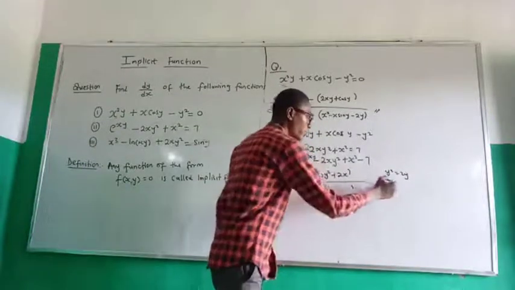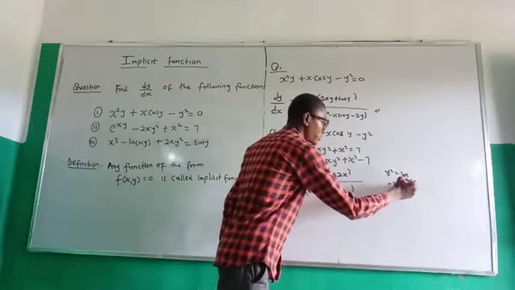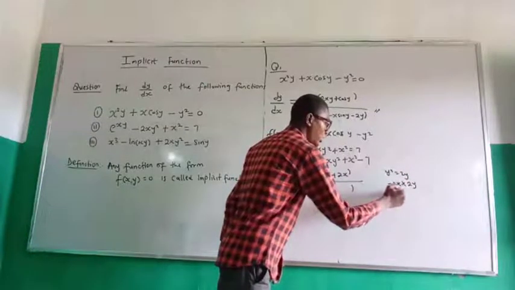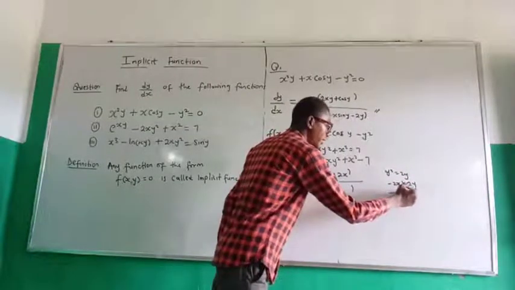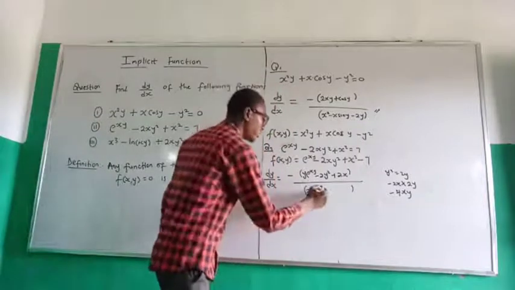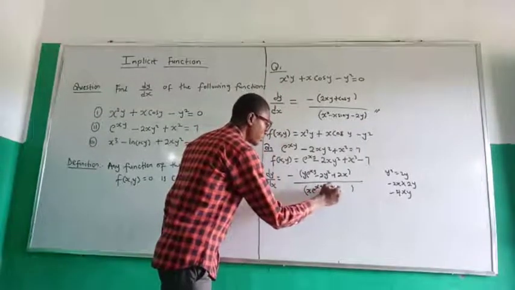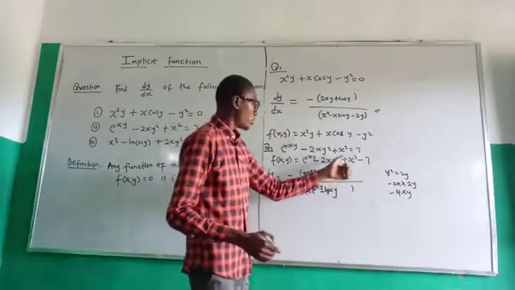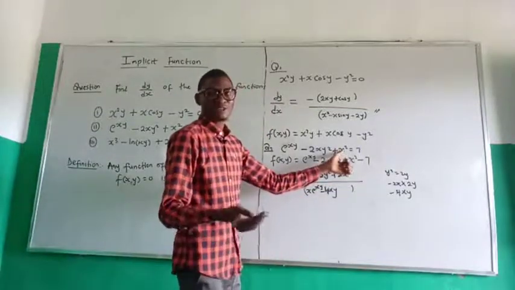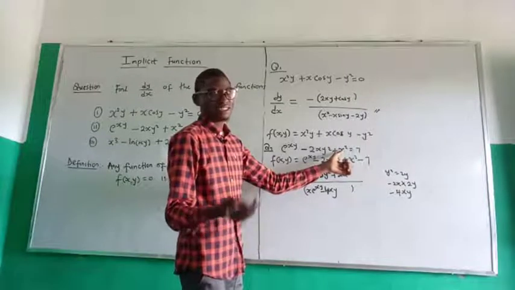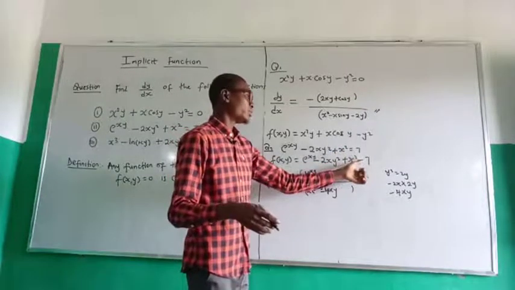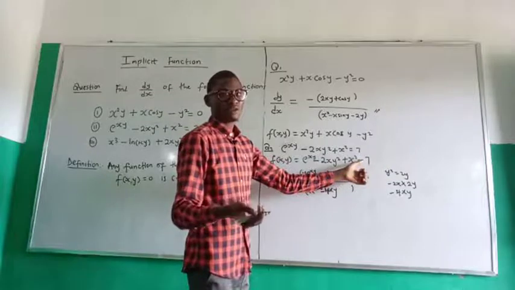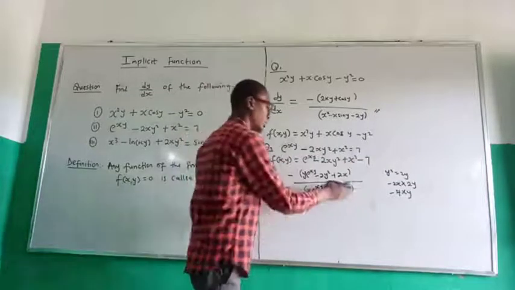But remember, you have minus 2x there already, which is minus 2x multiplied by 2y, and this will give you minus 4xy. Now differentiate x squared with respect to y, that's 0. Differentiate 7 with respect to y, that will give you 0, because 7 is constant.